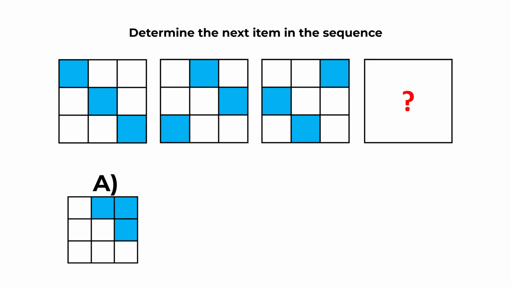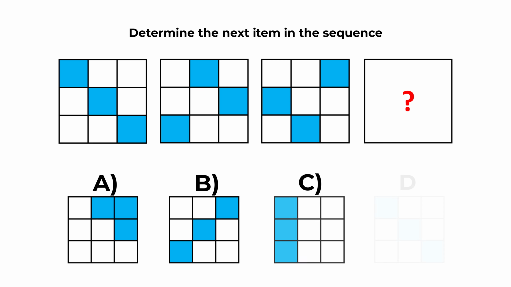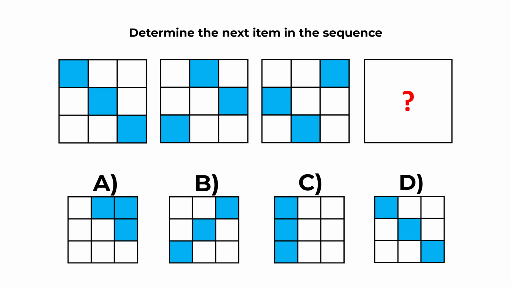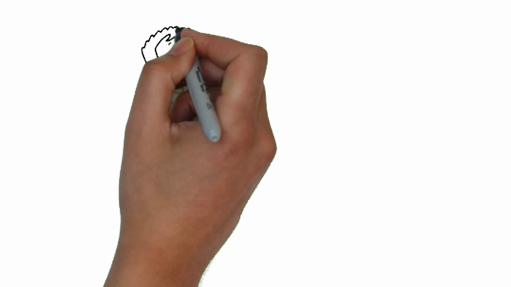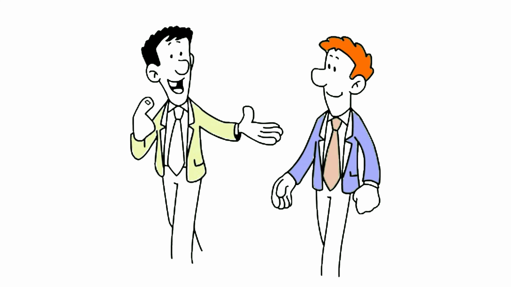Choices A, B, C, and D. Do you see the answer? Give yourself 10 to 15 seconds, maybe longer, maybe 20 to 30 seconds to see if you can come up with the solution. Did you figure it out? Let's move forward to get to the correct solution together.